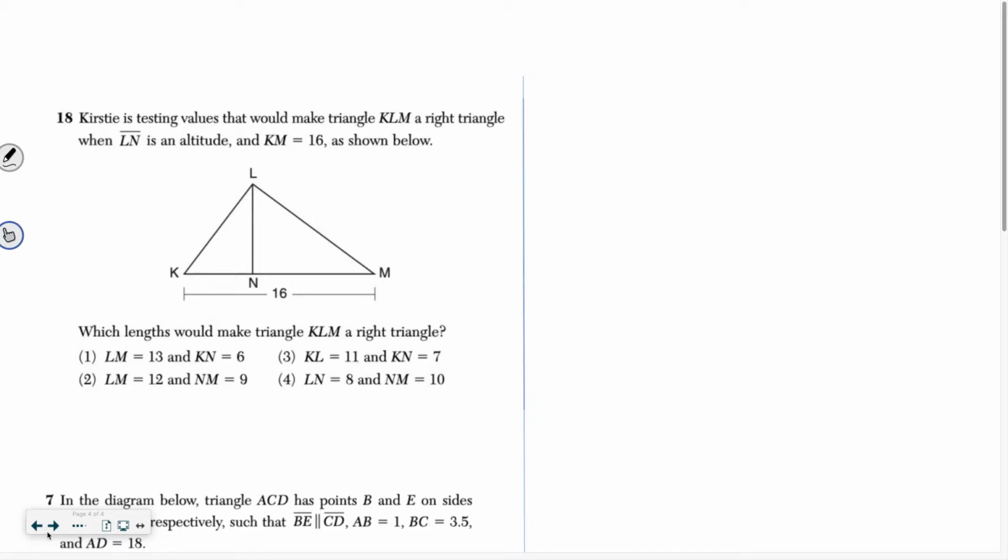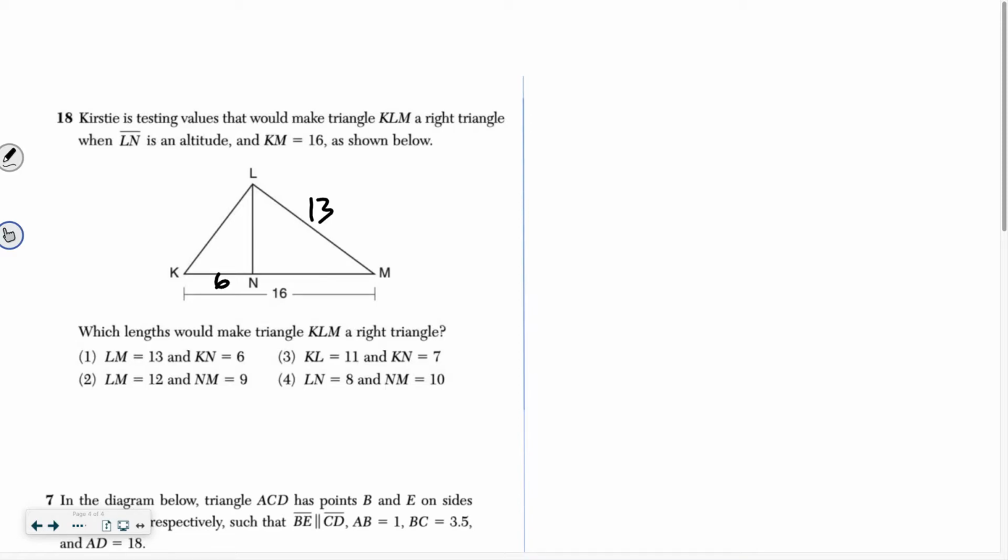Let's look at 18. 18 is asking us to show which one is a right triangle. Which one is true to make it a right triangle? Well, for example, if you were to try number 1, and LM is 13, and KN is 6, right?